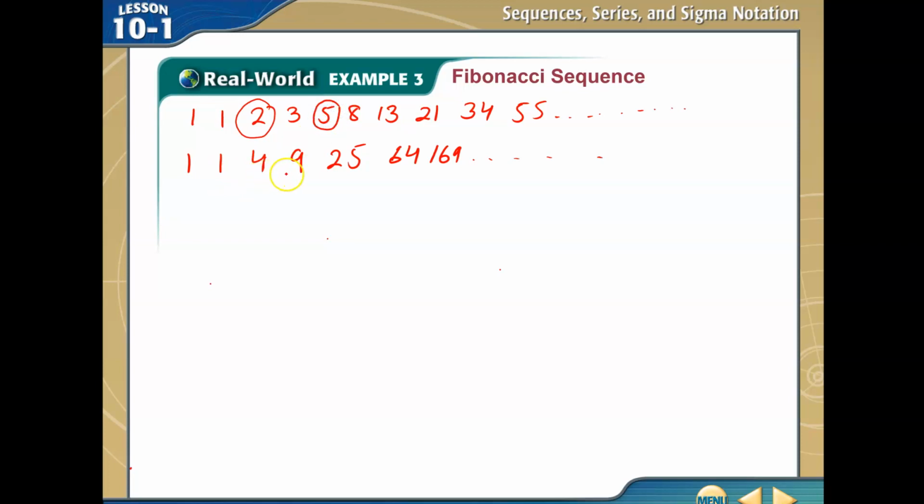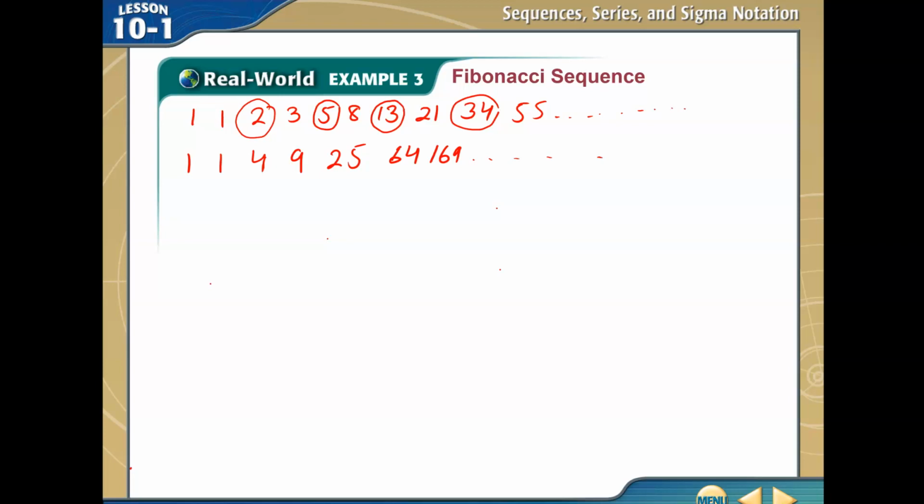Now 4 plus 9, you get 13. 25 plus 9, you get 34. And yes, the pattern continues. So you see that this is such an interesting number pattern in the Fibonacci sequence.